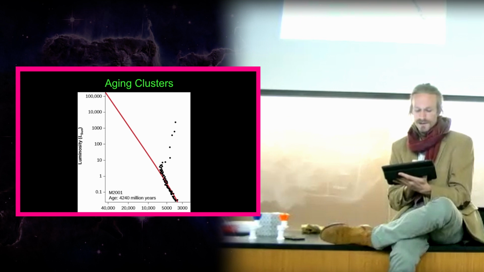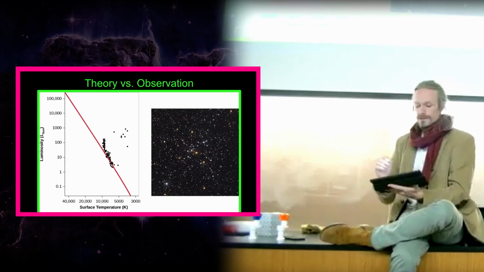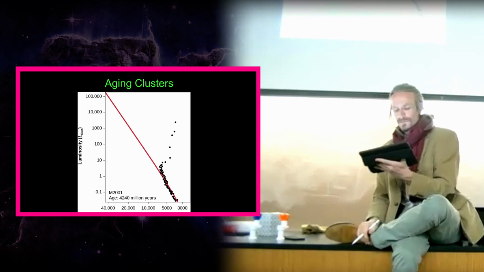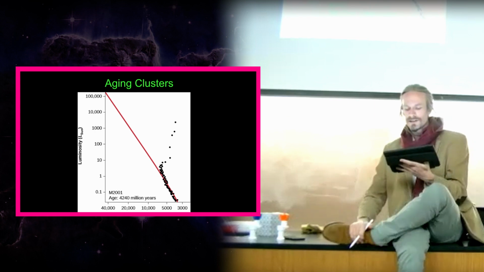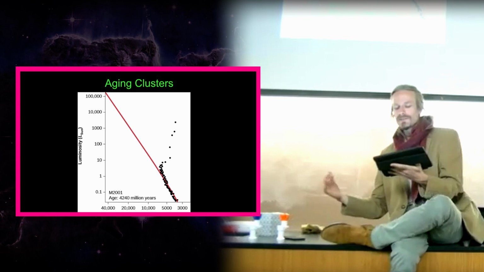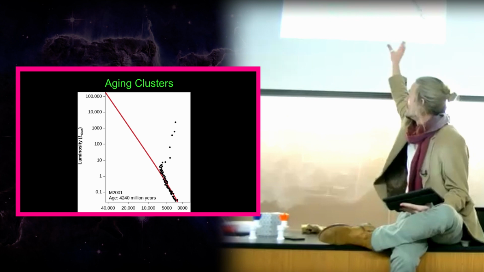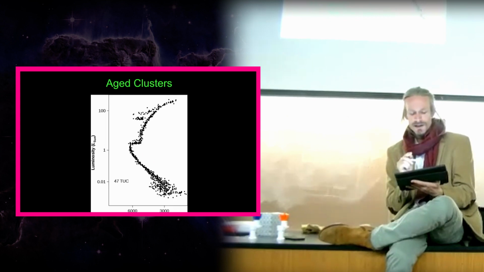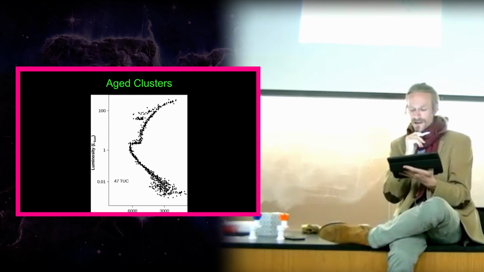You can see these ones are peeling off higher up, right? These ones are peeling off lower down, right? So these are older. They're lower mass stars, and this is because most of the massive stars have already peeled off that diagram and left, right? All of the more heavy ones are gone already, and so we start to put together a picture of what's happening here as these clusters age.